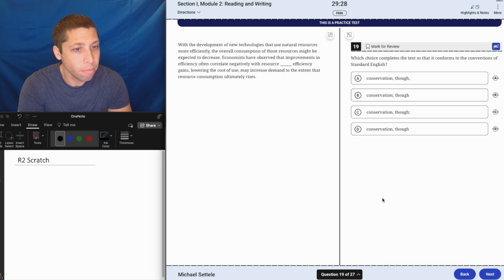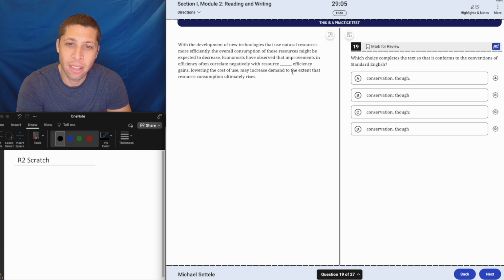Moving on. Oh, another one of these. So we've got to look at these two, see if they're sentences. Economists have observed that improvements in efficiency often correlate negatively with resource conservation. That's a sentence. Efficiency gains, lowering the cost of use, may increase demand to the extent that resource consumption ultimately rises. Is that a sentence?